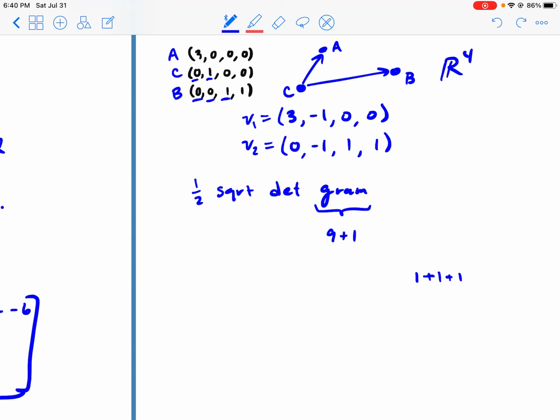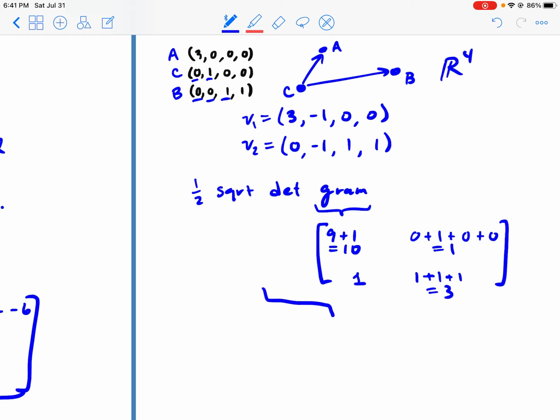And v1 dot v2 is now going to be a sum of products. So 3 times 0 is 0, plus negative 1 times negative 1 is 1, plus 0 times 1 is 0, plus 0 times 1 is 0. And so this gives 1, this gives 3, this gives 10, and it's symmetric, so there's another 1.